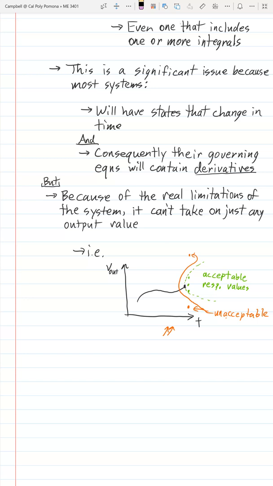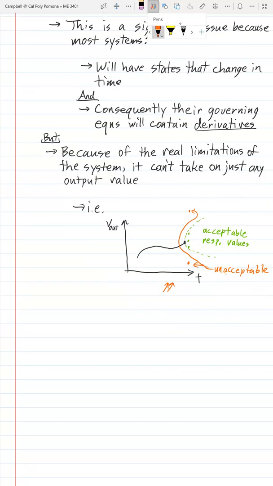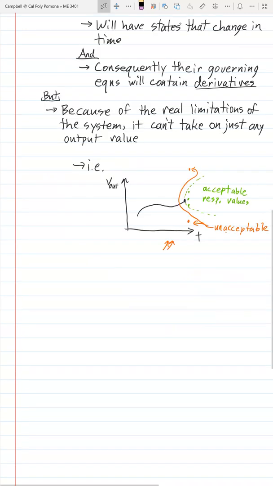Fortunately for us, though, if we're able to write the governing equation, i.e. the governing differential equation for this system, we can do something even more. So let's capture that discussion, this idea of bounding a problem, which is absolutely crucial.